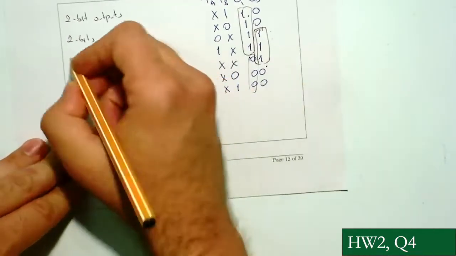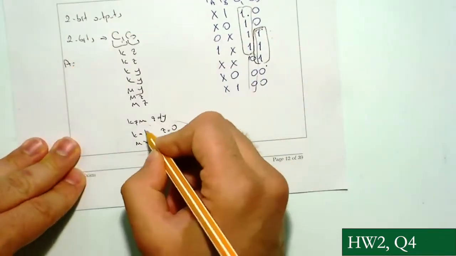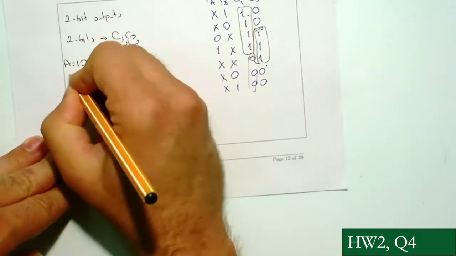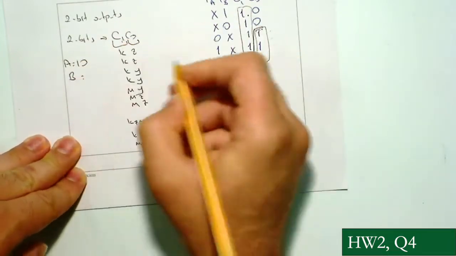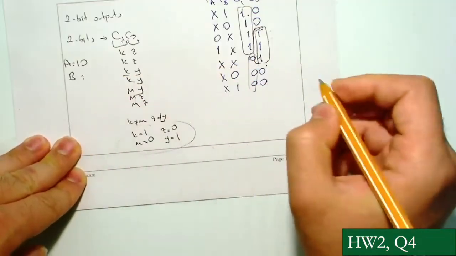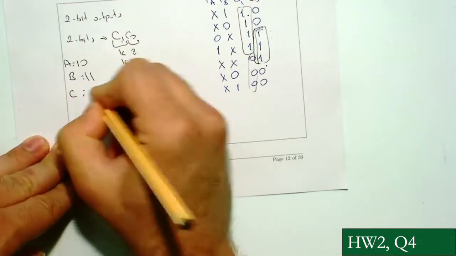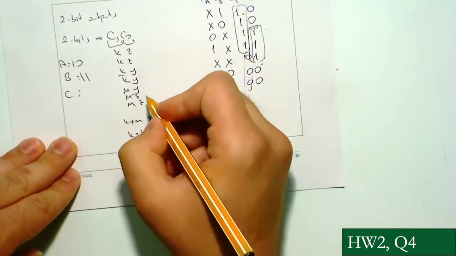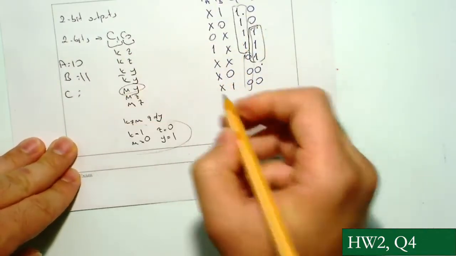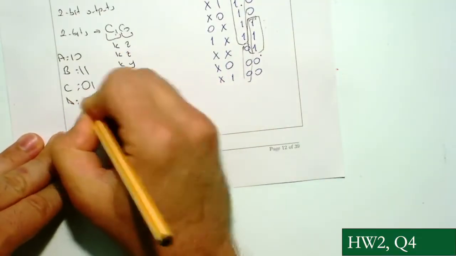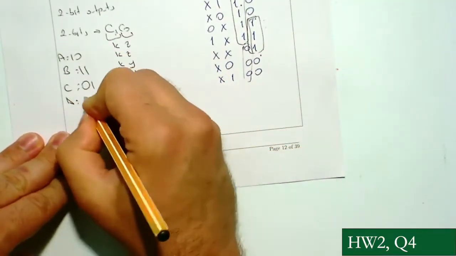All right, then let's represent A: A is 1, 0. B means K 1 and Y 1. C means I have M here, 0, and then 0, 1. And D, I have M, 0, 0.